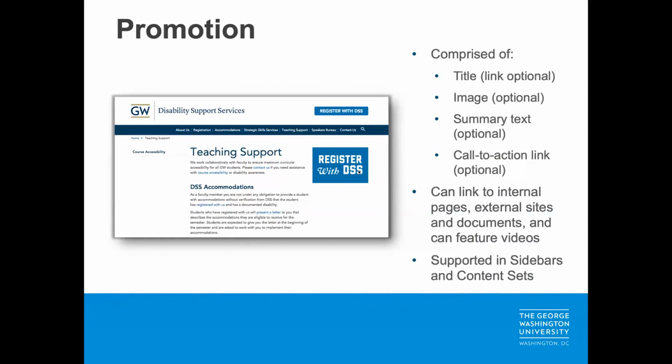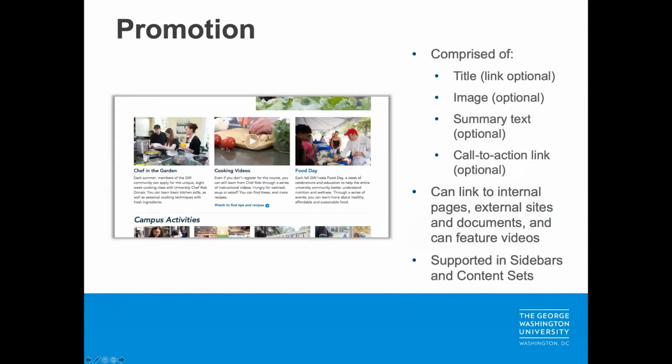But again, the promotions have a number of display options, a number of fields. So here's another example of some promotions with more information filled in. So you can have your image, your title, some summary text, a call to action link. You can link your title. You can put a video on top of the image.